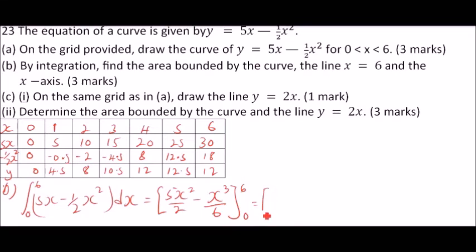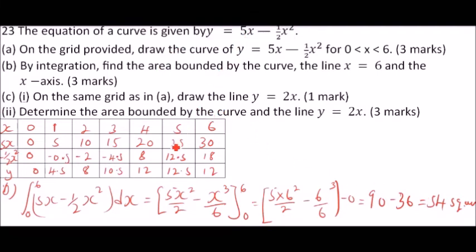You should be able to get 5 multiplied by 6 squared divided by 2 minus 6 cubed divided by 6, and you close the bracket, minus, when you substitute 0, you get 0, so that will be minus 0. This will give you 90 minus 36, which will give you 54 square units. So that's the area by integration.